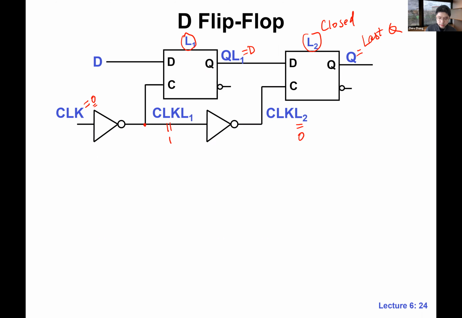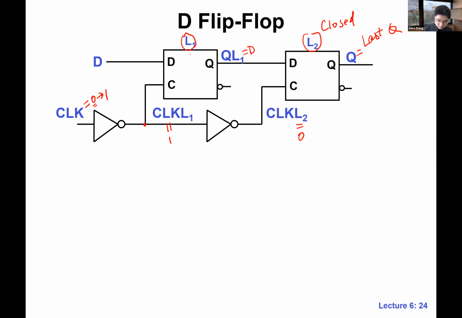Okay, so when exactly does this new D get to the second door and become the final Q? That's when clock goes from 0 to 1. So is L1 still on? Latch 1 is closed, right?